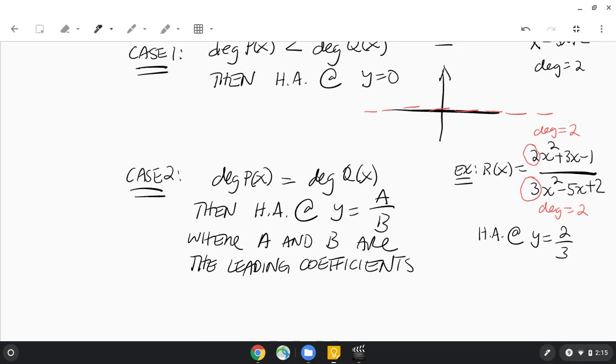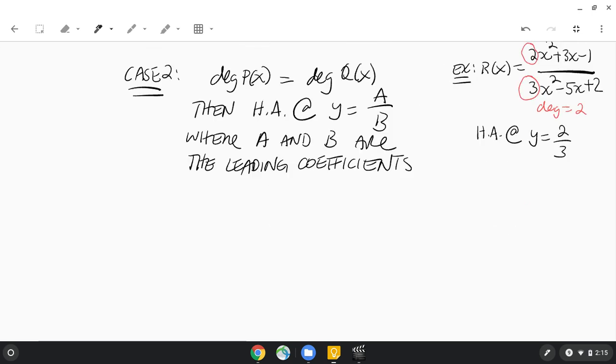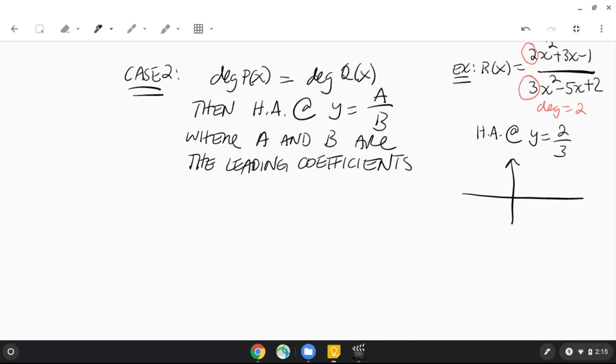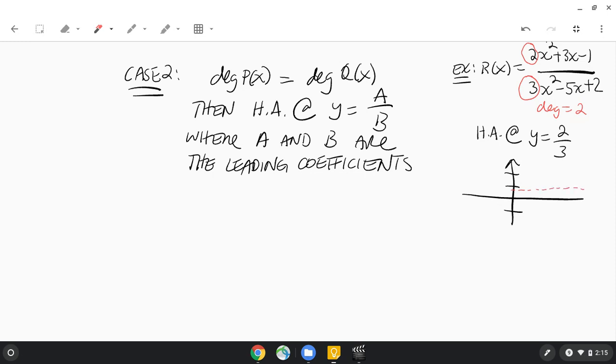When you graph that, you would go over here and go to 2/3, which is between 0 and 1, right around there, and you would draw your horizontal asymptote. That's what I mean by this A over B.